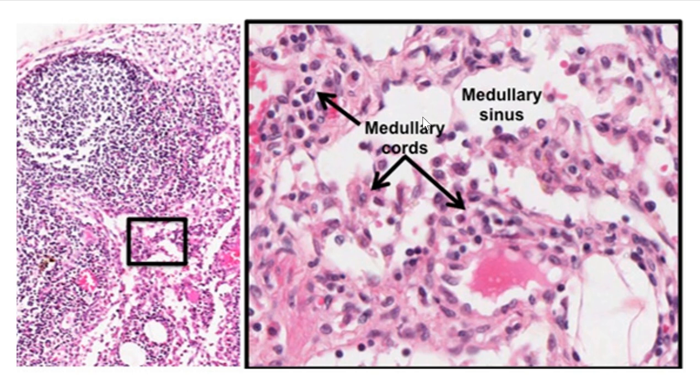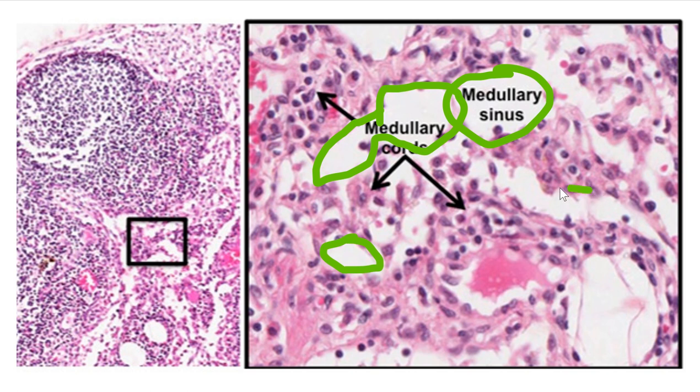In the medulla, you'll find your medullary sinuses where there's an absence of things. So just a blank area here would be a medullary sinus. So this would be a medullary sinus. Of course, this area here would be a medullary sinus. Here, okay?